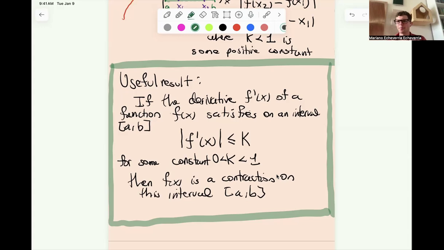I'm about to justify it anyway, but it's a useful thing to know, outside our discussion about the fixed point theorem, that controlling the derivative basically controls how much the function can change in values.